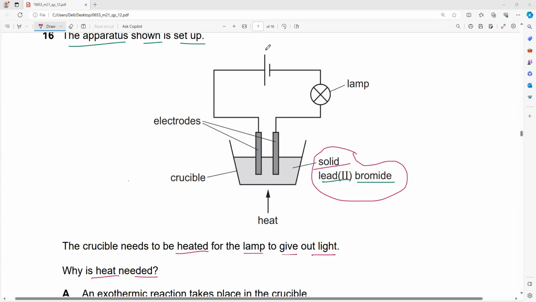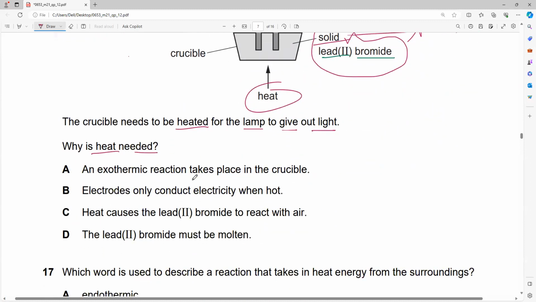Molten state or liquid state. So if you want to make it molten from solid, we have to melt it. To melt it, we have to provide what? Heat. So what is the answer? Anybody? Option D. Okay, so write it.